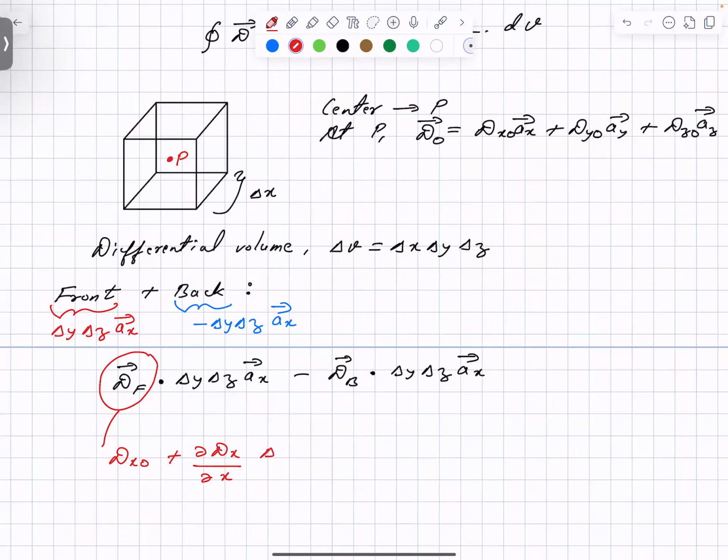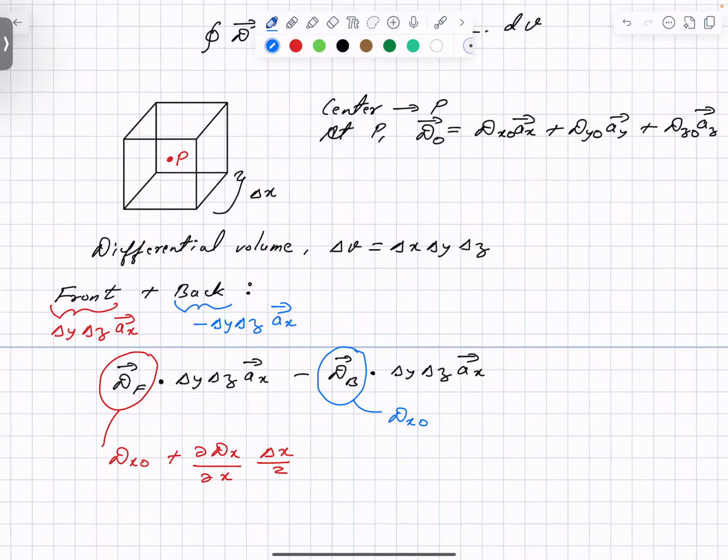That step size would be delta x by 2. Okay, so this is an approximation only, and it works because all the dimensions that we are considering are incremental.